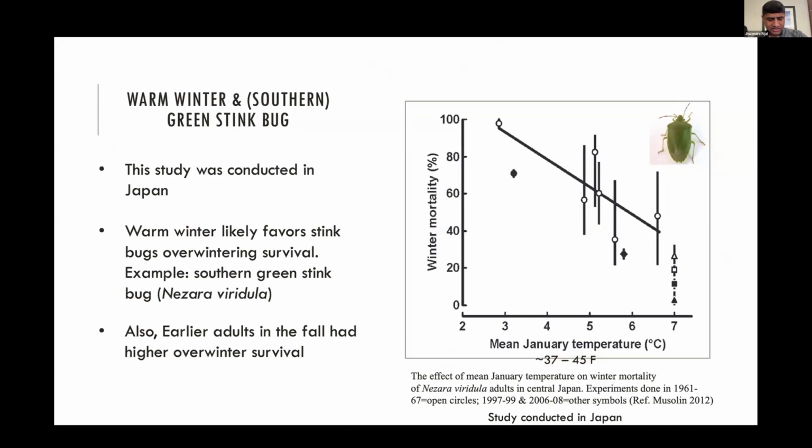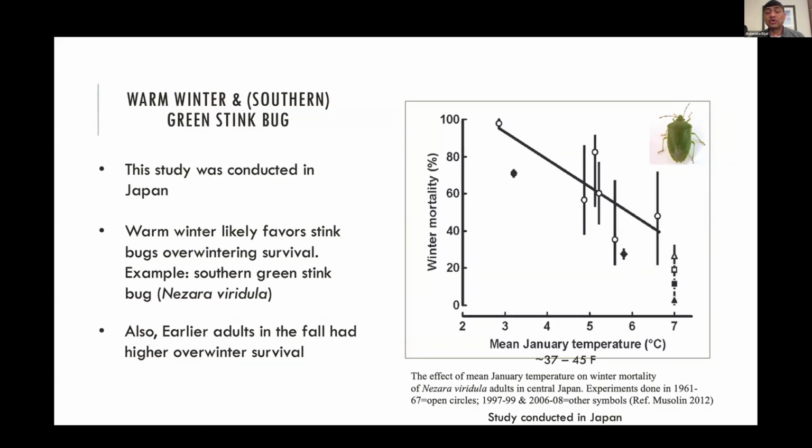So why is that, right? We don't know the exact reason, but this is work done in Japan. They looked at the winter temperature over a long period of time. I think they derived this from different research done over time and summarized that. On this figure, you can see on the x-axis the mean January temperature.